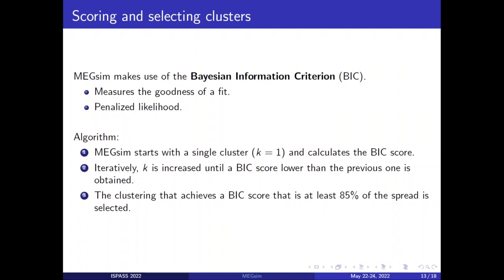Then we increase the number of clusters until a BIC score lower than the previous one is obtained. And the first clustering with a score that is at least 85% of the spread is selected. This 85% is a threshold that was empirically chosen and represents a trade-off between accuracy and the number of clusters.